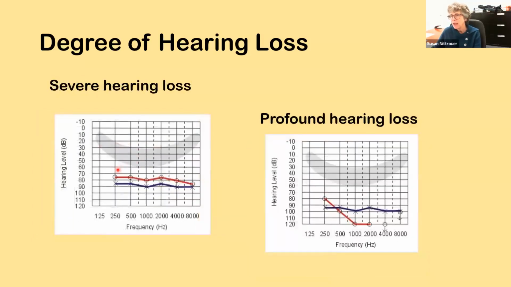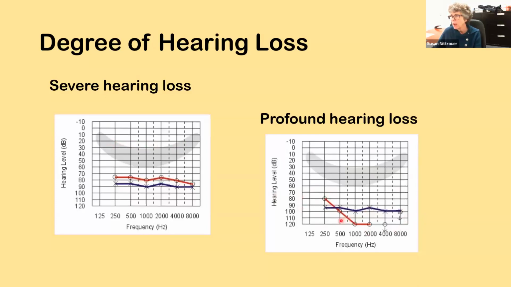Okay, here we have a severe loss. So you can see here, these loss thresholds are well below the speech banana. So what you will hear is that means we need to amplify this individual's hearing so that these lines, when amplified, can get well above the speech banana.